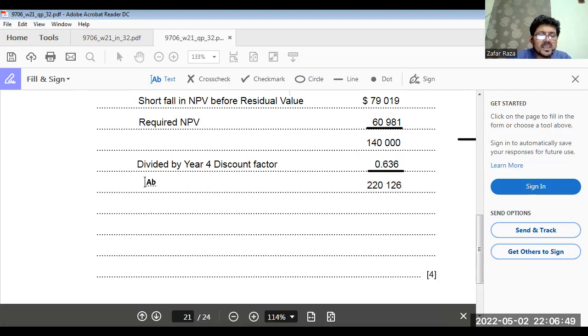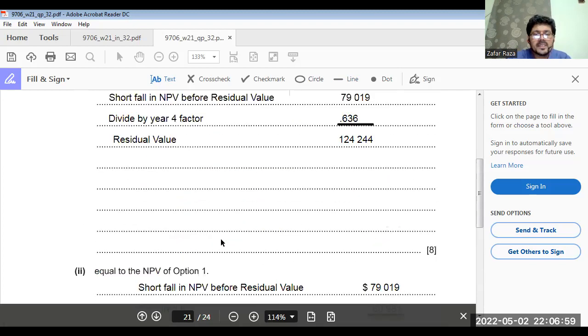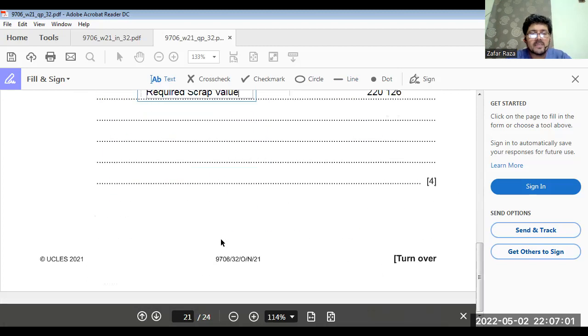This is your required scrap value. Okay, this is how we calculate the residual value or scrap value.